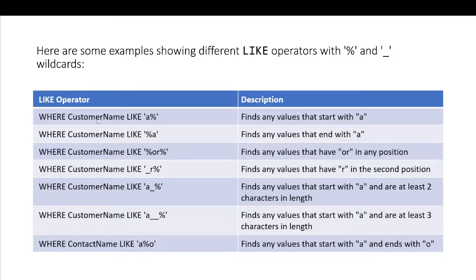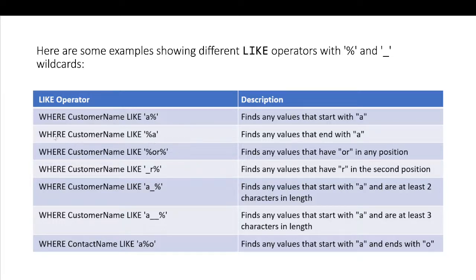If you give where customer name like a percentage, it means it will find all the values starting with a, and after a it can be any number of characters. It doesn't count them. First it will just display us all the customer names starting with a.